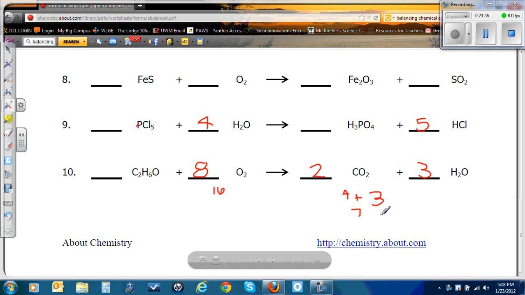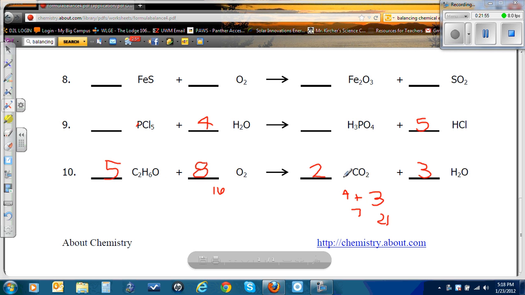And like I say, we're trying to get to 21. Okay, so we have 16 on this side. 16 to get to 21. If I make this a 5, now I have 16 and 5 is 21.